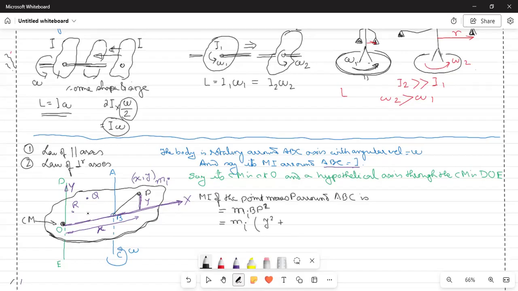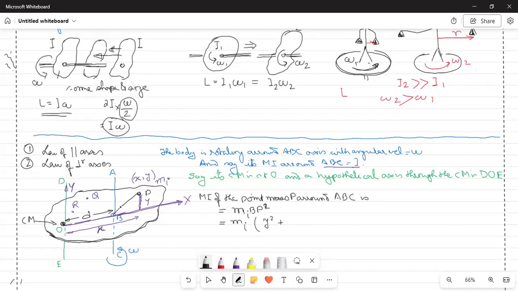Oh sorry, we forgot to take d. d is the distance between the axis passing through the center of mass and the axis around which the body is actually moving at this moment.